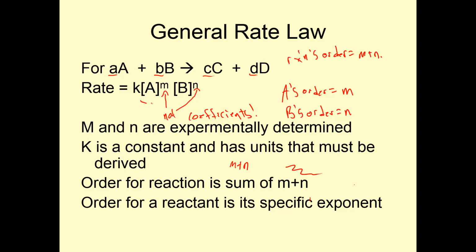So this means that in the rate determining step, in the slowest step, if M equals 1, there's 1 A in that reaction. If the rate determining step has 2 A's in it, A would be squared. If the rate determining step had 3 A's in it, A would be cubed. If the rate determining step had no A's in it, it would be 0 order. And do you little math geniuses remember what anything to the 0 order is? 1. It also gets rid of units, right? We all set with that? Yep.